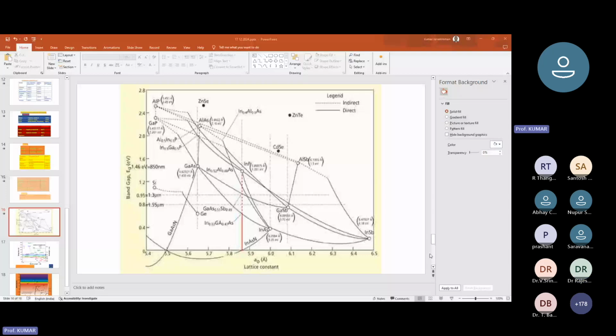Yeah, that's not very important. Okay, I will explain. Can you see this slide now? Are you able to see this slide? Yes, sir.